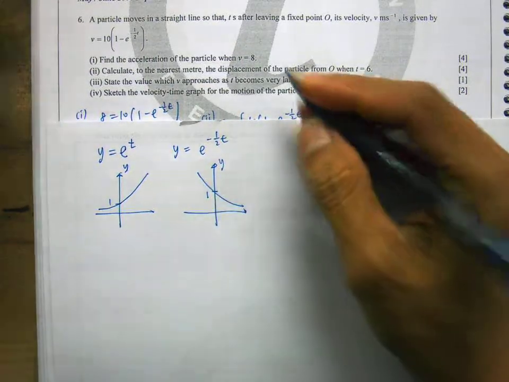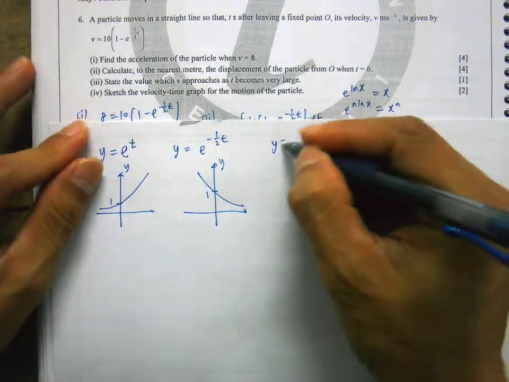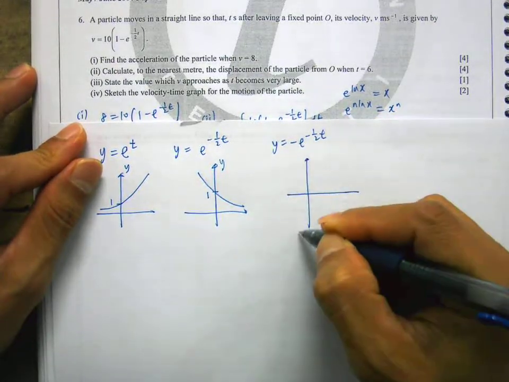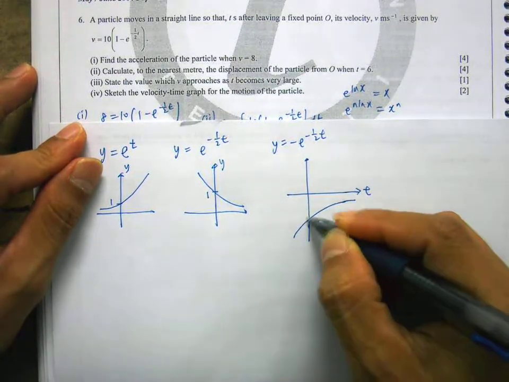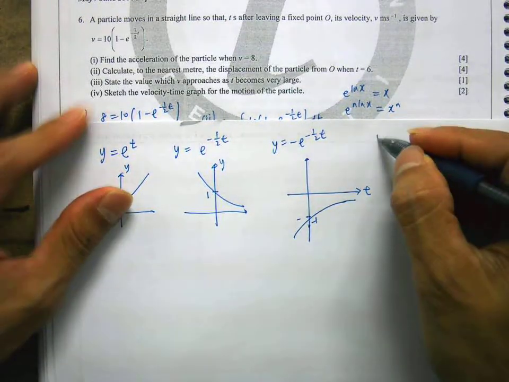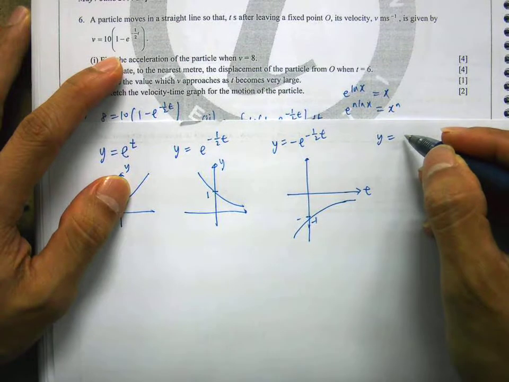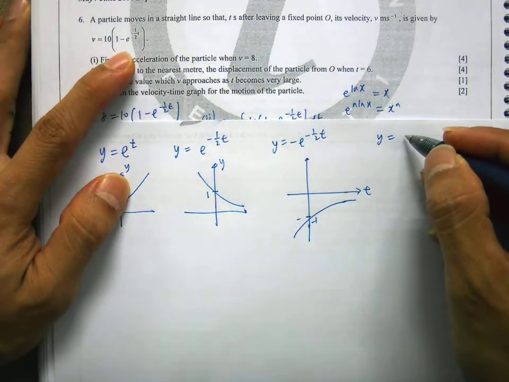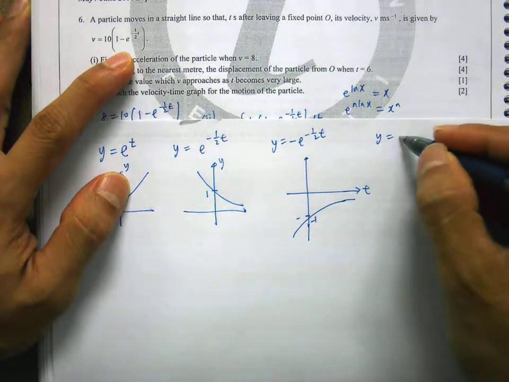Now next, what happens when you put a negative in front? So it's a reflection in the t-axis now. So this one intercepts at negative 1. Okay, the graph goes like that. And finally, if I put a 10, maybe you want me to put 10 first, or should I put 1 minus first? Okay, I guess you all understand 10 first.